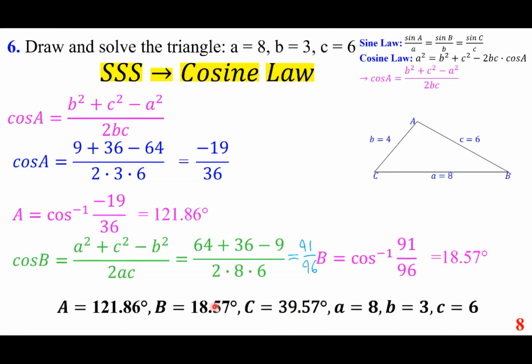So again, remember, they must add up to 180 degrees. You have two of them. Subtract the sum from 180. So we can quickly write that this is 180 minus A plus B. And just plug. Very straightforward.